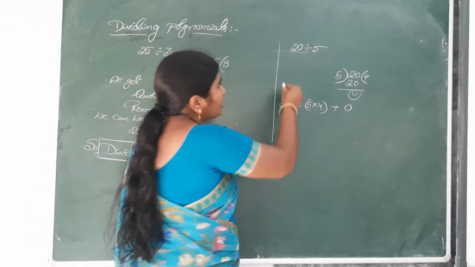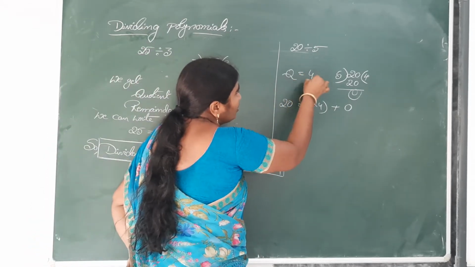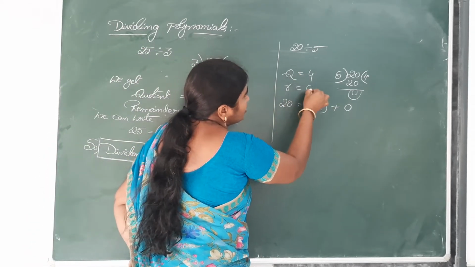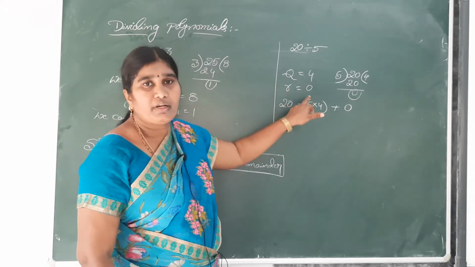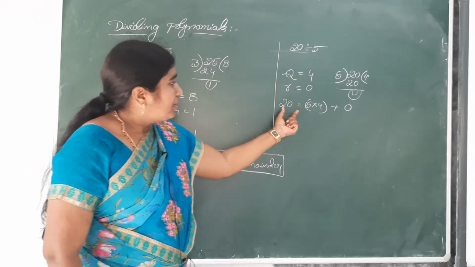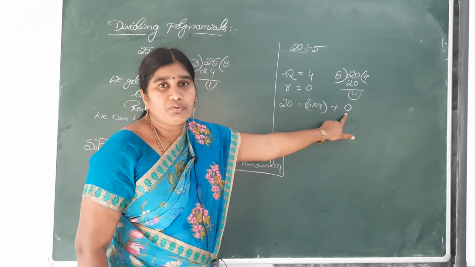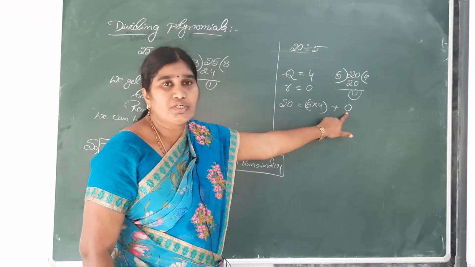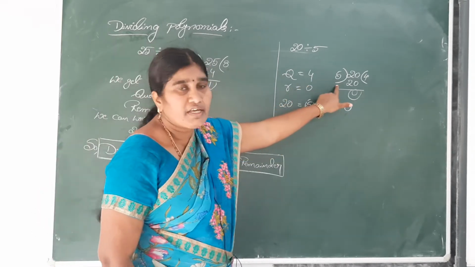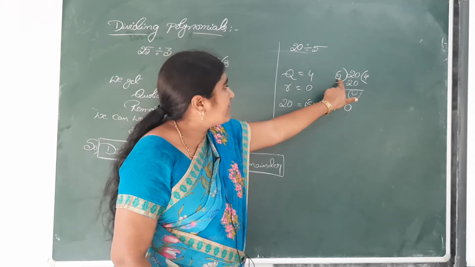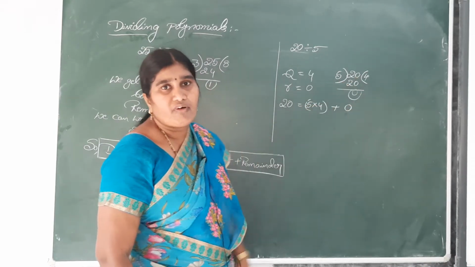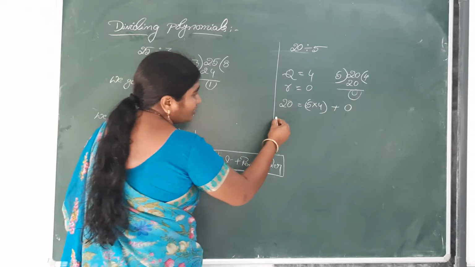Here quotient equal to 4, remainder equal to 0. Here remainder equal to 0, then we can say 5 is a factor of 20.